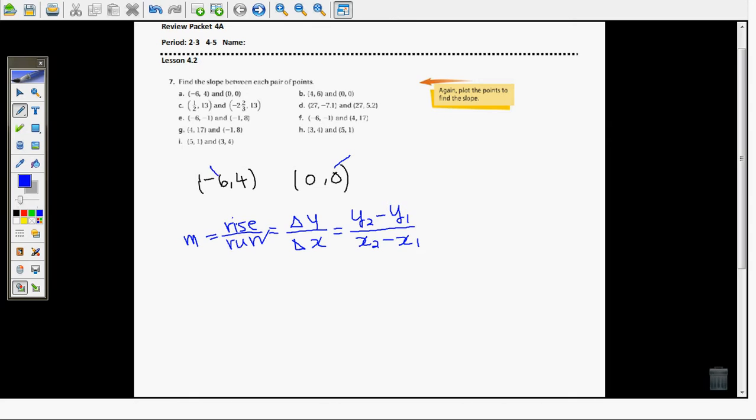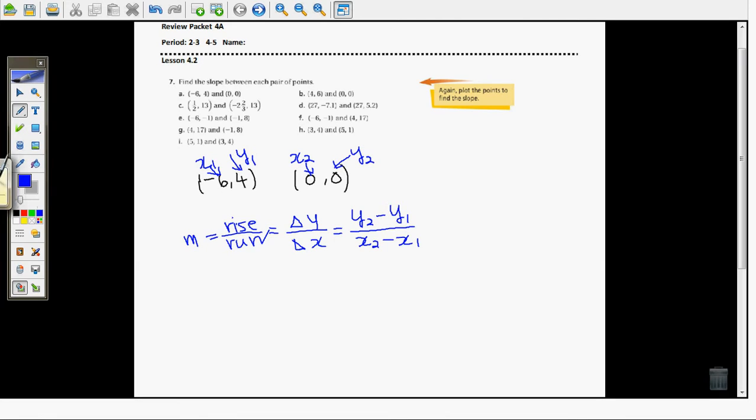This is our first x, because that's the x of our first point, and this is y sub 1, because it's our first y. Then this is our second x, which we write as x sub 2, and the last one is y sub 2, the second y.